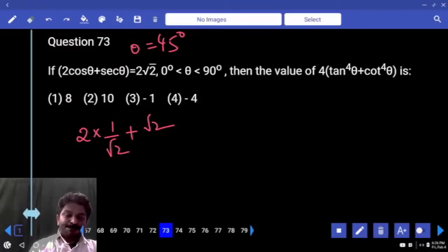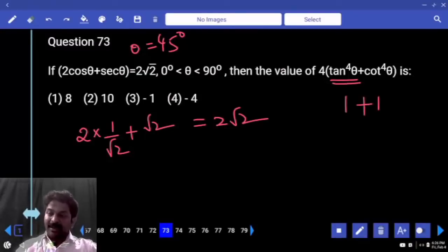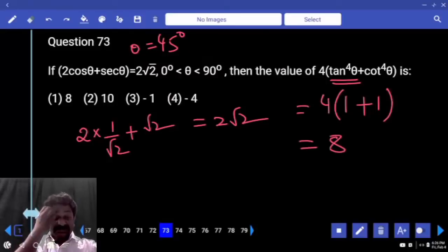This is root 2 plus root 2, 2 root 2. Condition satisfied. Come on. Right. So substitute theta is equal to 45 here. Tan power 4 of 45 is 1. Cot power 4 of 45, again 1. And we already have 4. 4 into 2, 8.